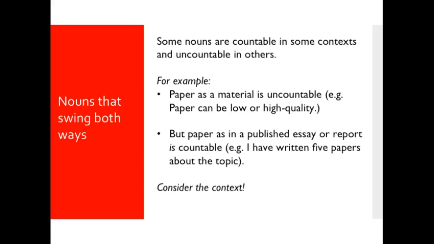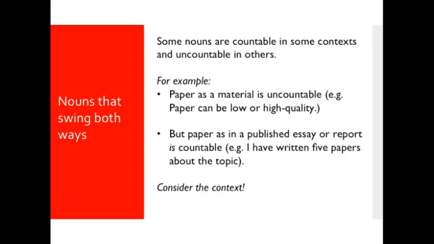There are nouns that sometimes require determiners and sometimes do not. I know this can be confusing. So for example, paper as a material is not really countable. When we talk about paper as something that is produced or just as a broad material, we do not need a quantifier for it. If we said paper is made from trees, it does not need an article.